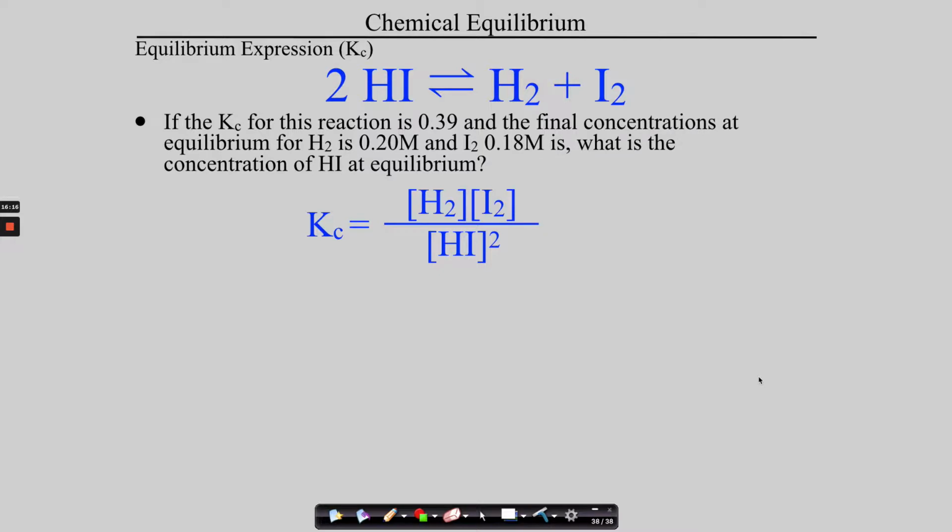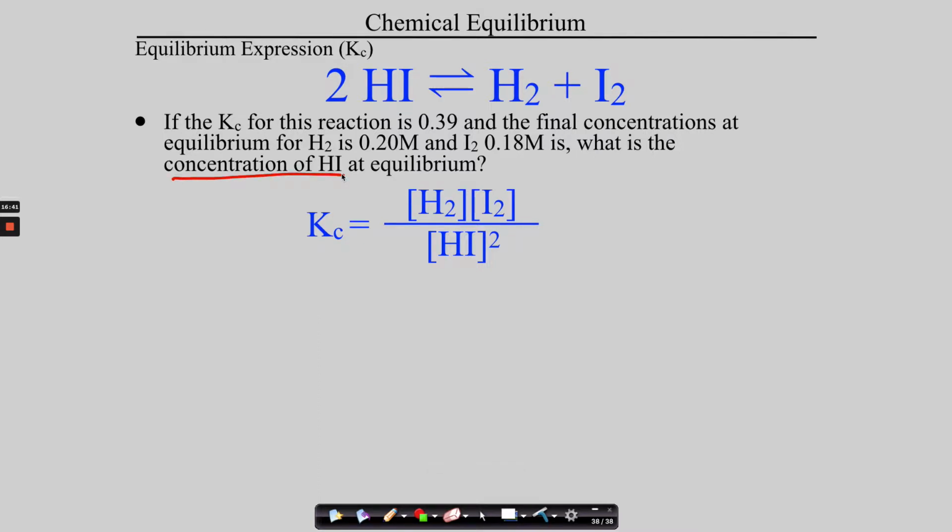Here's our example. If the Kc for this reaction is 0.39 and the final concentrations at equilibrium for H2 is 0.20 molar and I2 is 0.18 molar, what is the concentration of HI at equilibrium? Okay, so notice in this case, we aren't solving for Kc, we're solving for the concentration of HI.